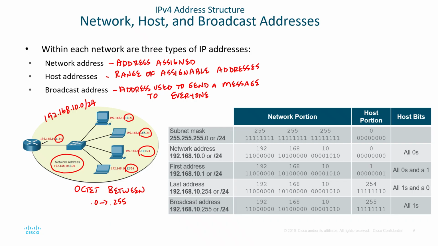I already see on this slide, I can't use .0 because that is my assigned network address. I also can't use .255 because that is my assigned broadcast address.